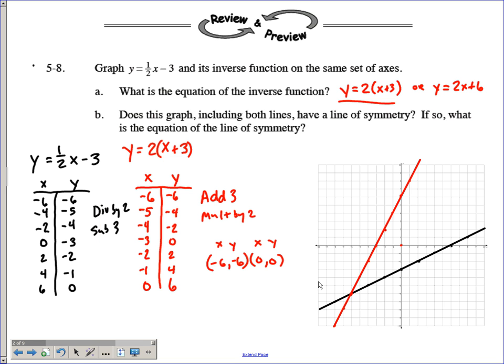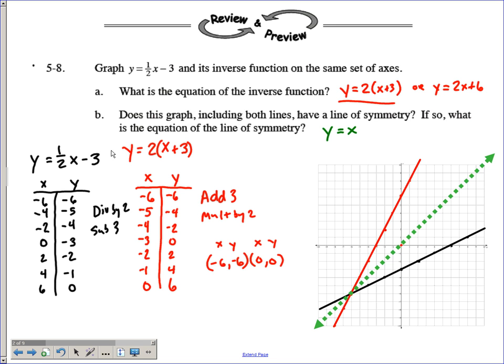We'll make this green. If we're looking for our line of symmetry, it would kind of run right through there. So the equation of that line, well, the y-intercept is 0, and we're rising 1, running 1. So our equation for our line of symmetry would end up being y is equal to x. That is the line of symmetry that we have for these two inverse functions.